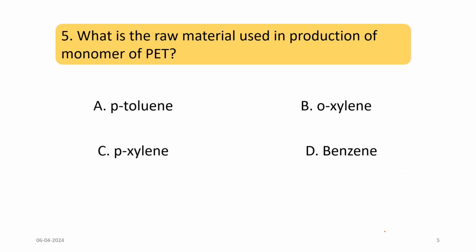Okay, next. What is the raw material used in the production of the monomer of PET?